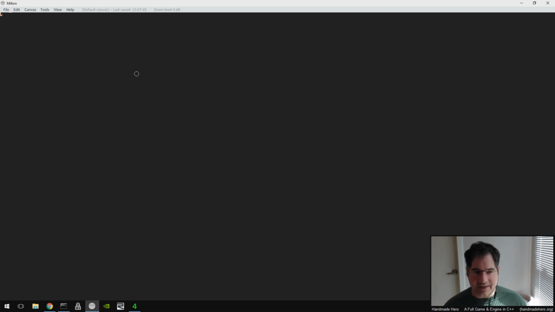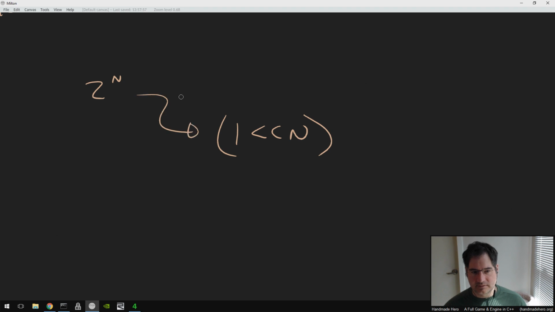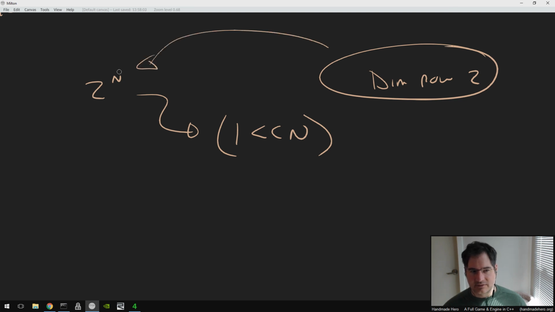We know that if we want to produce 2 to the n, right, that 1 shifted up by n gives us that value, right? So when we say dim power of 2, that's just an n, right?